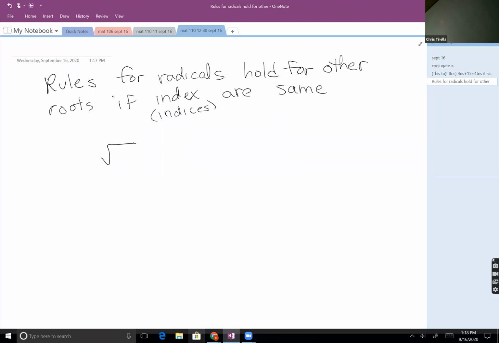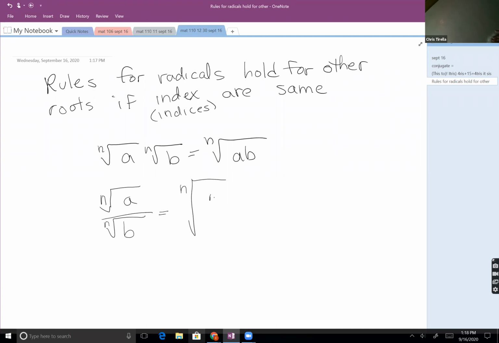So if I have the nth root of A times the nth root of B, that'll give me the nth root of AB. And likewise, if I have the nth root of A over the nth root of B, that will be equal to the nth root of A over B.